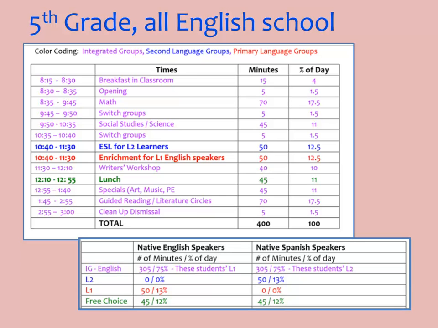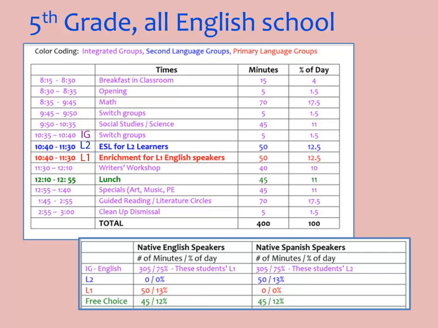This is a schedule from a 5th grade classroom in a multilingual school where all instruction is in English. The schedule is highlighted in different colors to distinguish how and when the three groupings occur. The L1 or primary language is indicated in red, L2 or second language in blue, and the integrated group in purple.